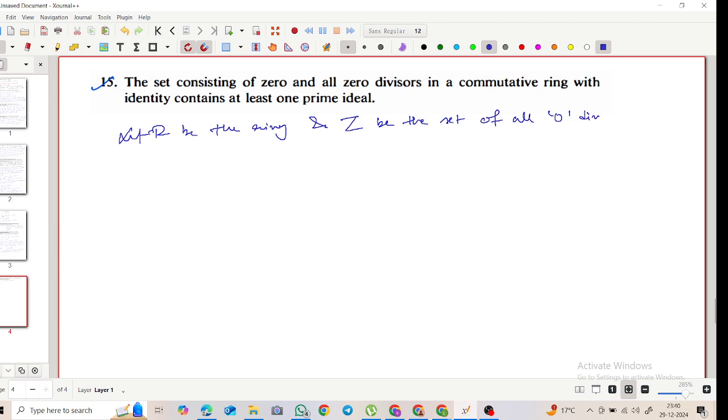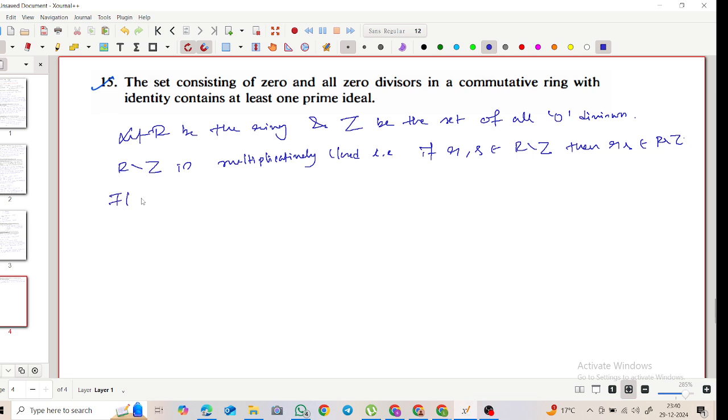Okay, R minus Z is multiplicatively closed. That is, if r, s belong to R minus Z, then rs belongs to R minus Z. Now that is obvious, na? Because if r is not a zero divisor, it is obvious.